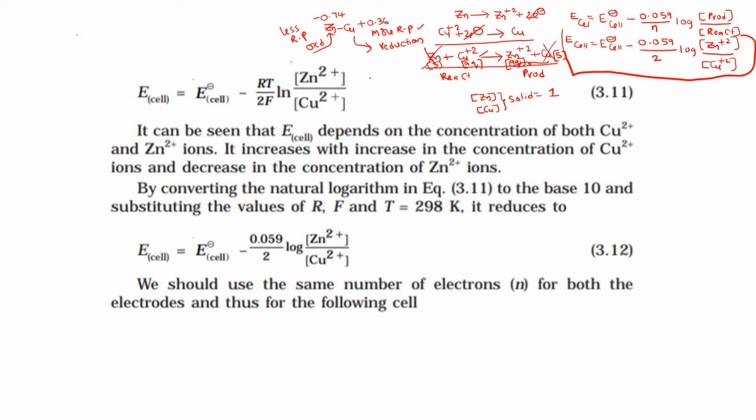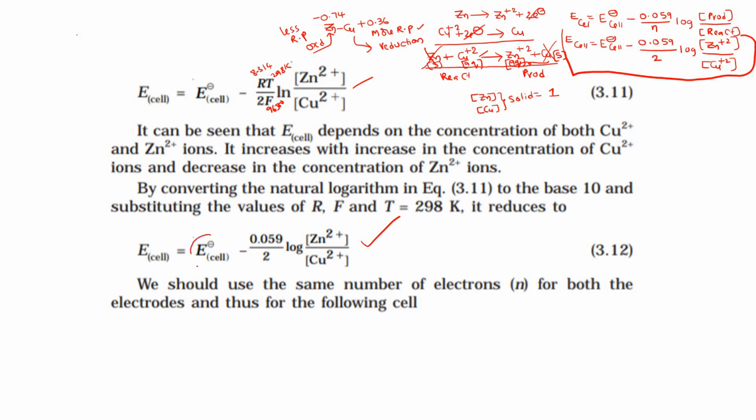Same thing they have written here, but in place of the constants here 8.314, temperature 298 Kelvin, Faraday is equal to 96,500. If you substitute, what happens? We get this equation. Same thing I have written there. So if we know the reactions, we can easily find out this Nernst equation here.